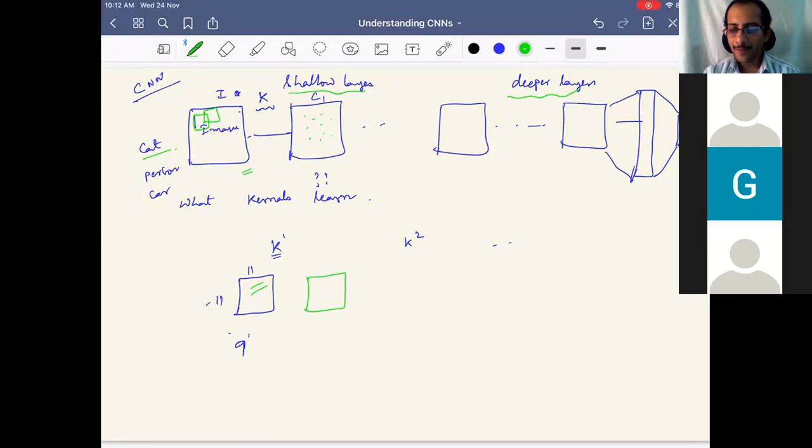So we cannot directly relate the kernels to what they extract or represent. Since we can easily visualize and understand an image, we can interpret shallow layer kernels to some extent, and we can appreciate them.